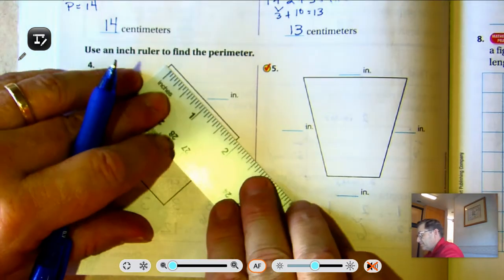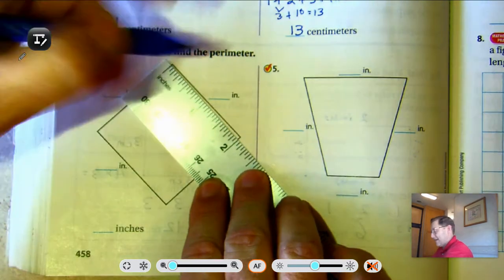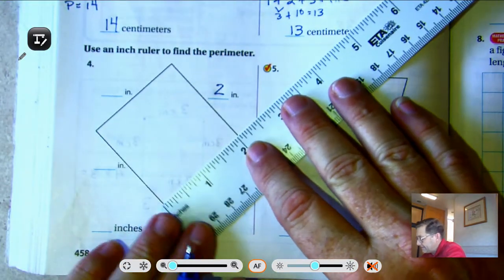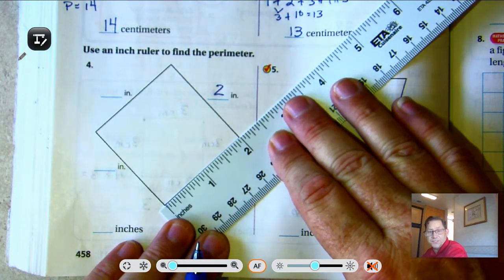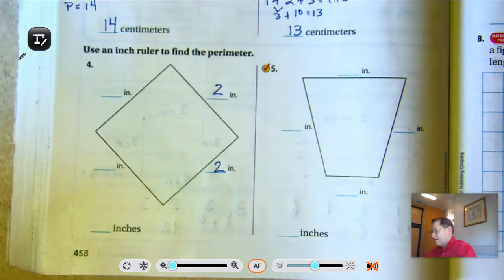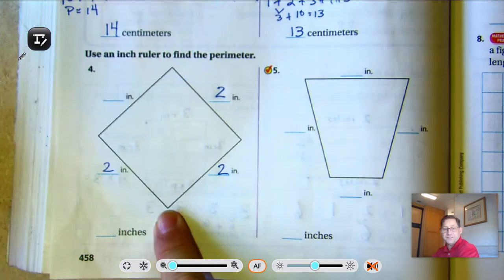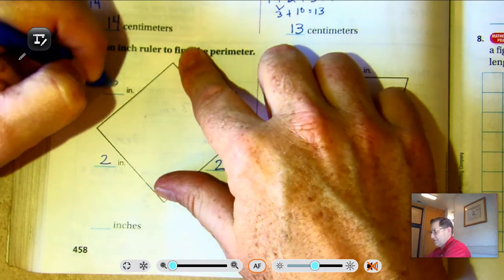So let's actually measure. I see that this side is 2 inches, and this side is also 2 inches. If this side is 2 inches, this side has to be 2 inches.